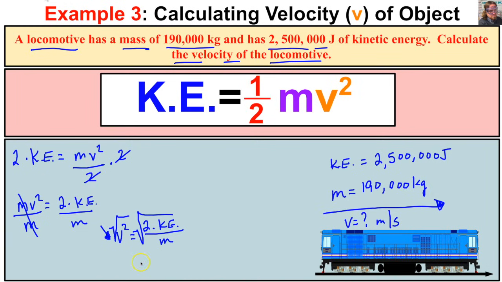If we take the square root of both sides, then v is going to equal the square root of 2 times the kinetic energy divided by the mass. So this here is our formula that we're going to use to solve this problem right here. So we're halfway done.